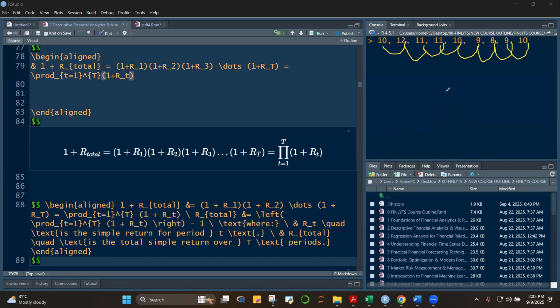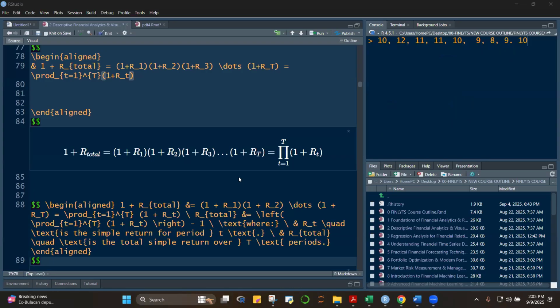So technically, this is R sub 8, from R sub 1 up to R sub 8. There are nine days, but there are only 8 periods. The number of days minus 1 is the number of periods, because 1 day is not a period, class. There has to be 2 days, because how can you compute for the growth rate if you have only 1 day? I hope that's clear, class.